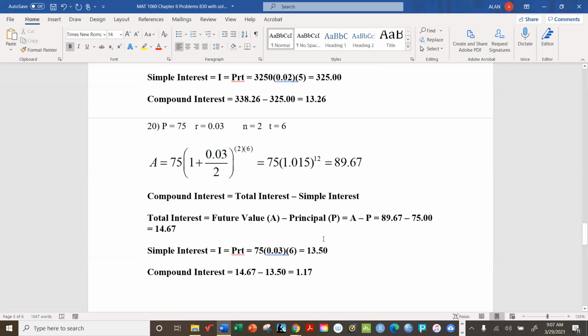Okay, so for number 21, the details are these. Principal is 1550. R is 0.05. The compounding frequency is 2. And T is 7 years. Okay, great.